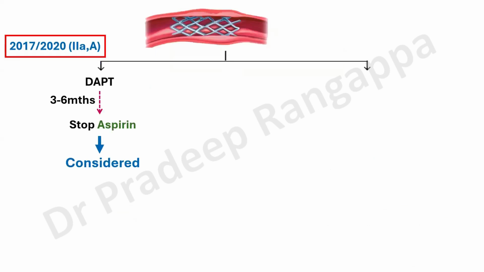And with regards to dual antiplatelet therapy, in 2017 the suggestion was that dual antiplatelet therapy has to be given for 3 to 6 months, and then after 6 months, aspirin could be stopped.